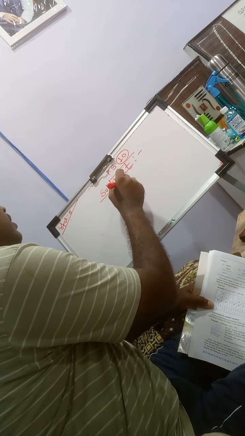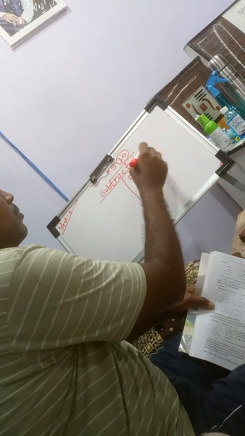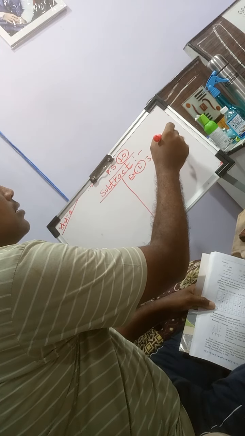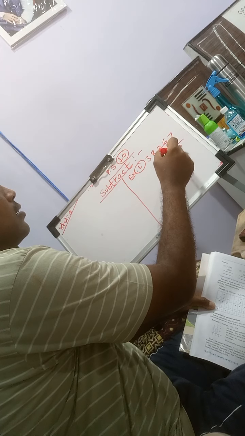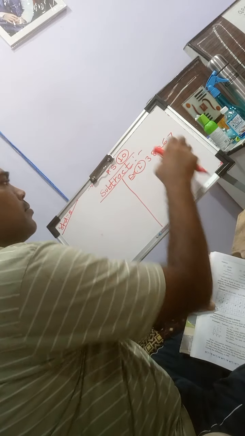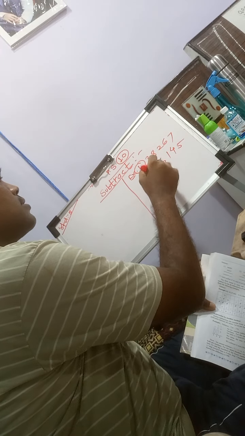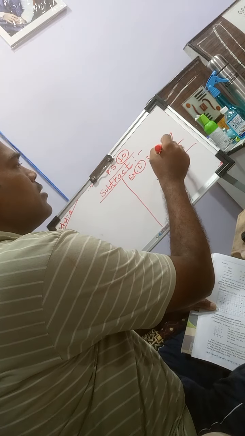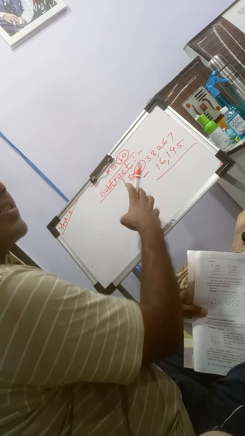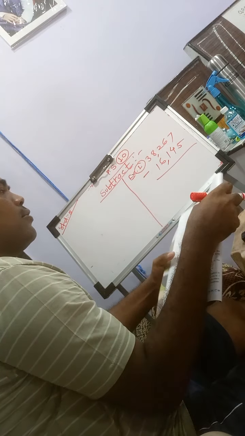So for example, I am giving you one example, general example. 38,267 minus 16,144. This is a sign of subtraction. We have to subtract, okay? Now how will you subtract?